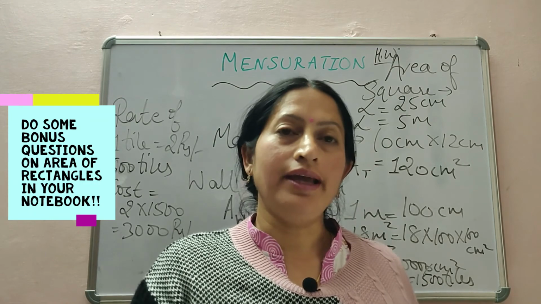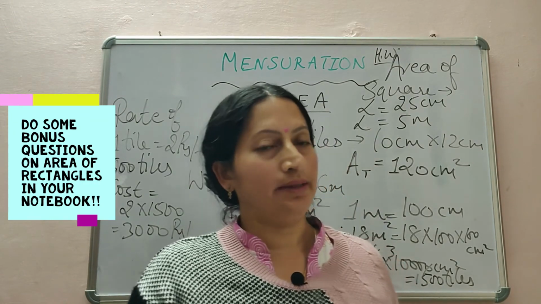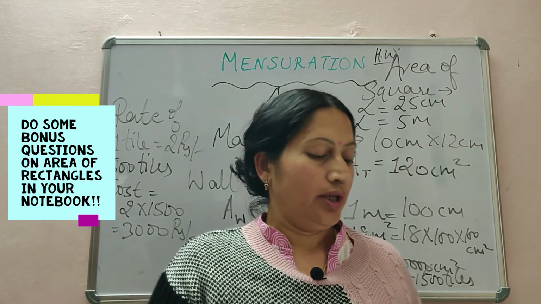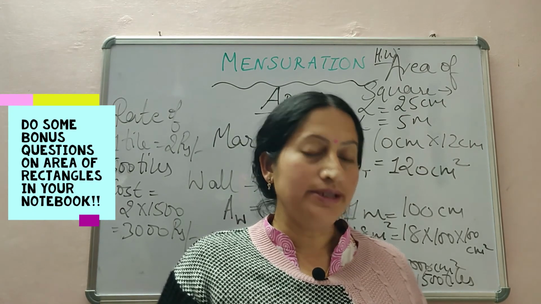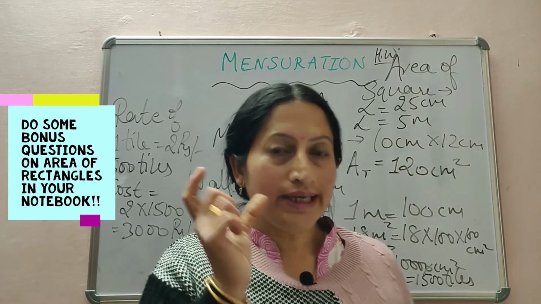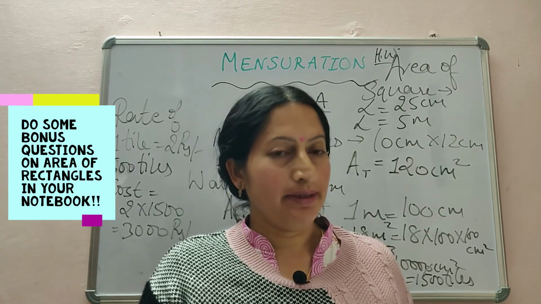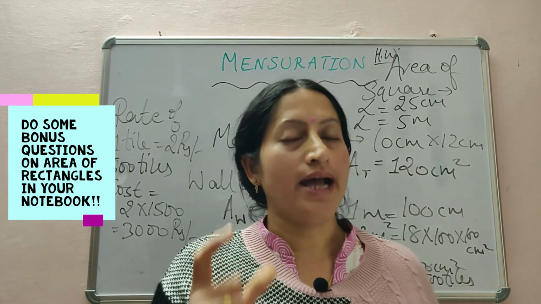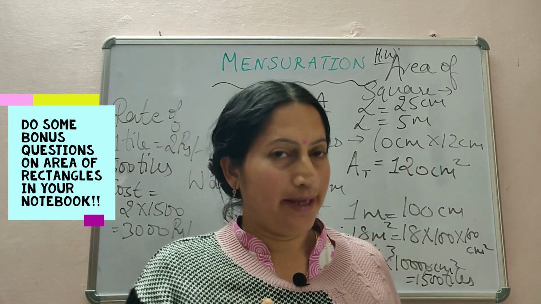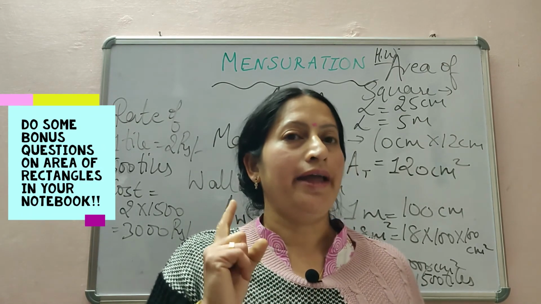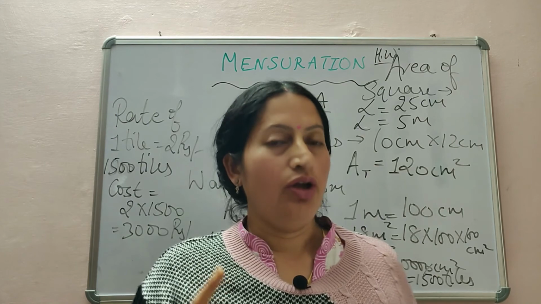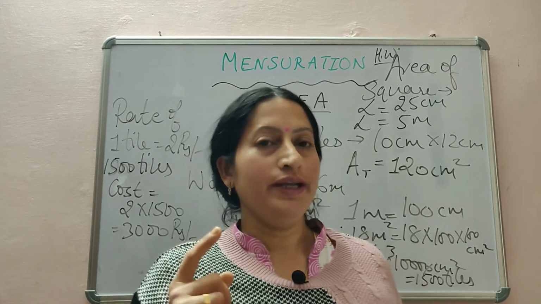If both are doubled, you will multiply with 2. If length is doubled and breadth is same, only length you will multiply with 2. If length is doubled and breadth is halved, you will multiply length with 2 and breadth with half, or 1 by 2. Then you will get your answer.